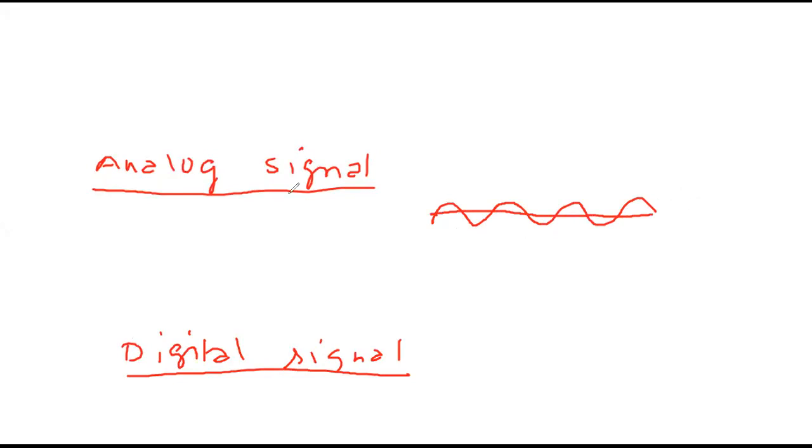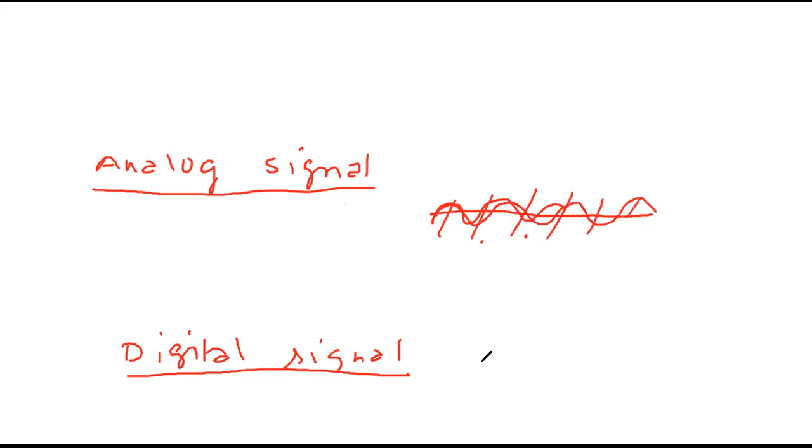So the signal which is alternating is called a sinusoidal signal or analog signal. If this is given to the input, then generally the output signal also keeps varying according to the input signal. So they are called analog. Time varying signals are called analog signals.